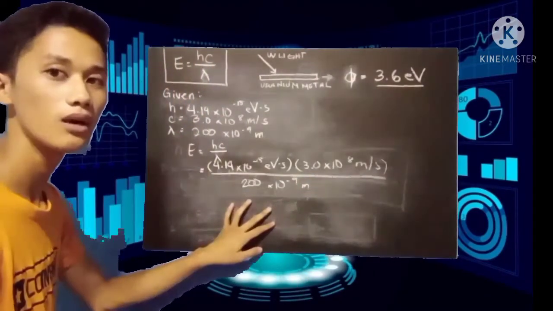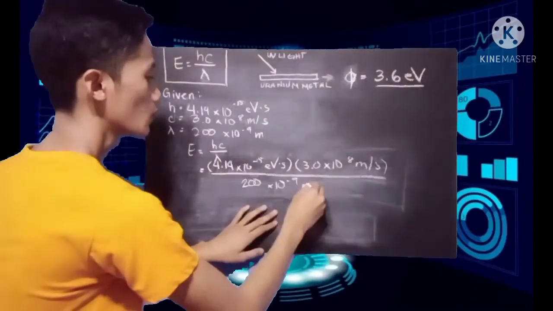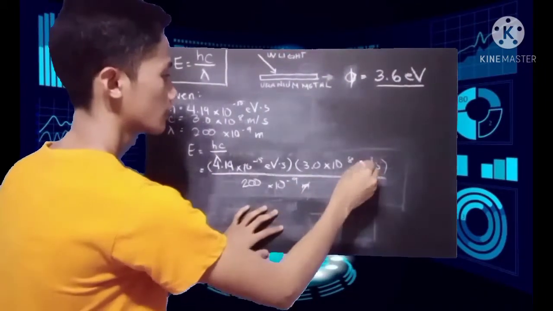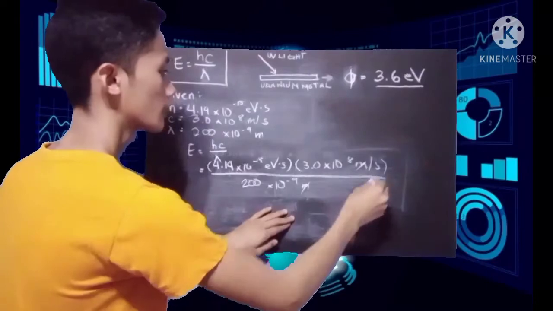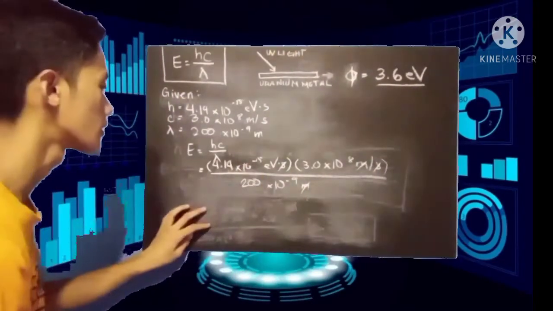Now we cancel the same units. We cancel the unit for length, meter, and time, second, and what will be left is electron volt.